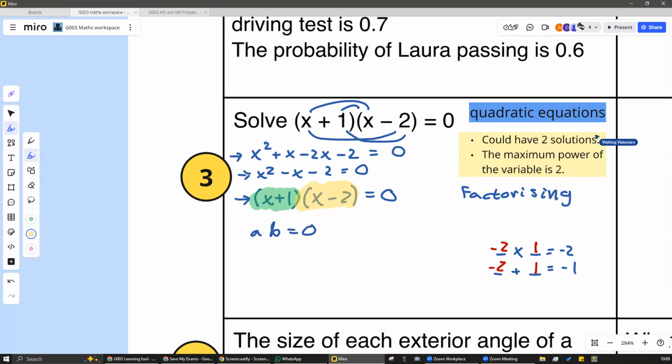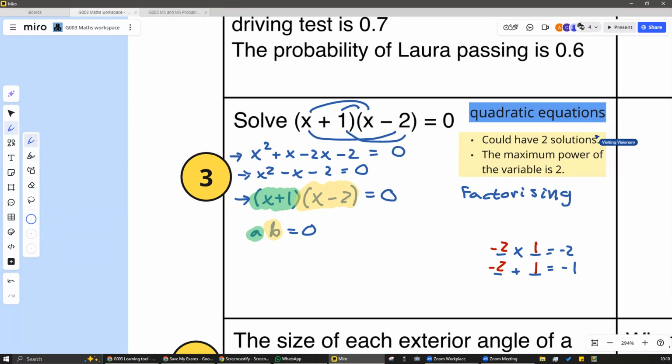The point is it's just something multiplied by something else, and that's equal to 0. So this is the trick. The only way that you can multiply two numbers and get 0 is if one of them, or possibly both of them, equals 0. You can't get a 0 by multiplying any two other numbers.